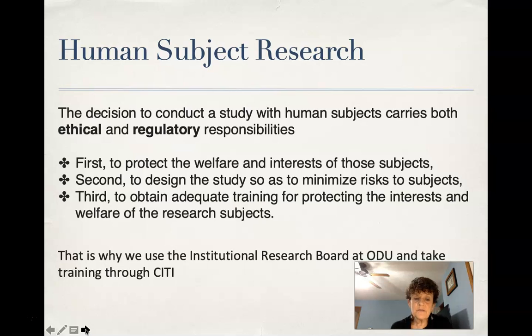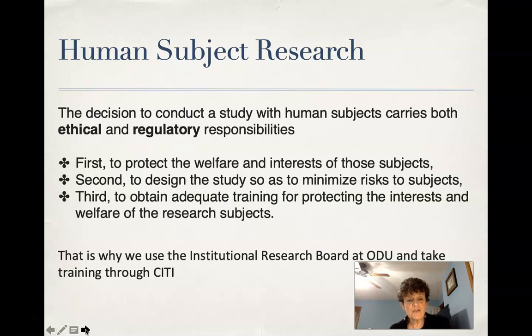When we do human subjects research, we know that it has a lot of implications. It's very valuable research, but we have certain ethical and regulatory responsibilities we have to take into consideration. First of all, we need to make sure that those people we are investigating, it is in their best interest and we're protecting their welfare.